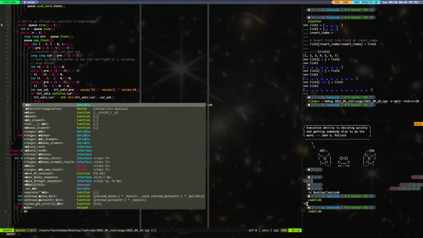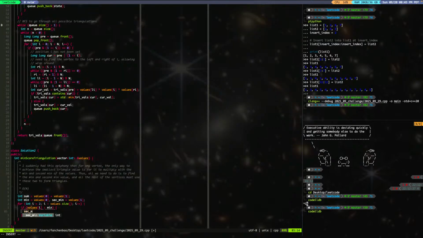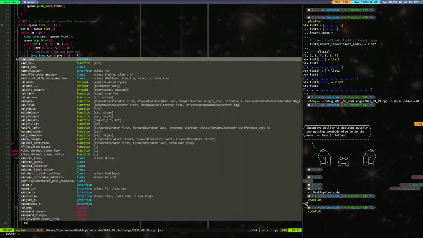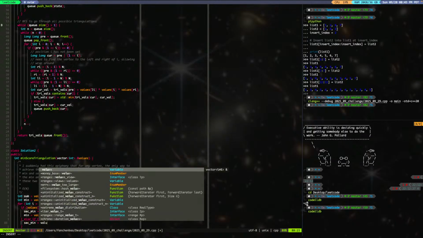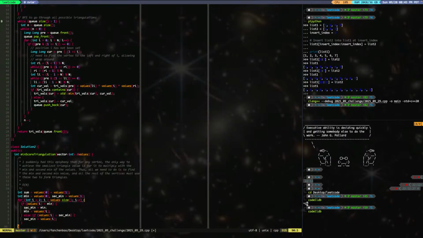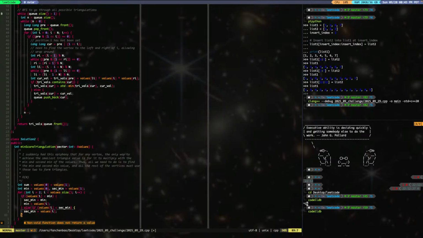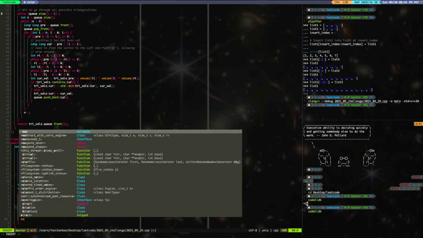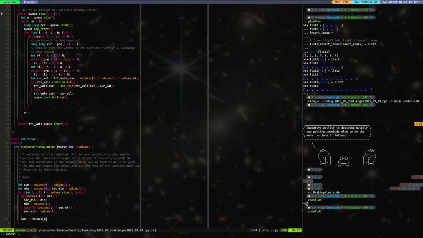If values i is smaller than min, then second min equals min, and min equals values i. Else if values i is smaller than second min, then second min equals values i. If it's larger, then we don't deal with it. And then sum plus equal to values i.